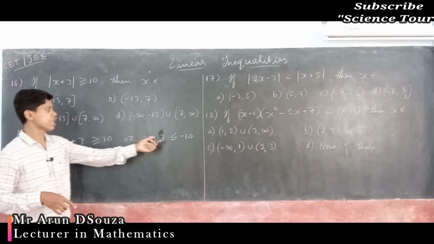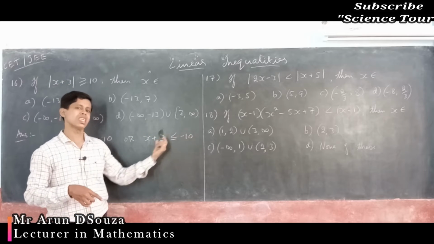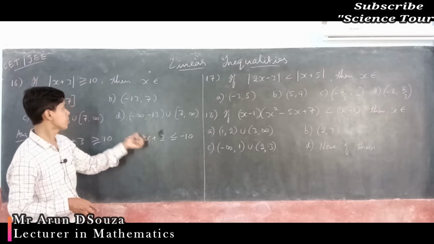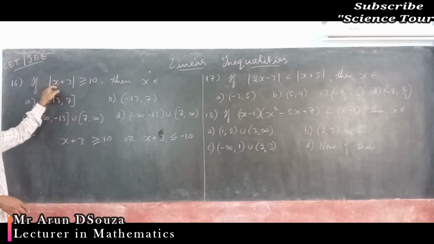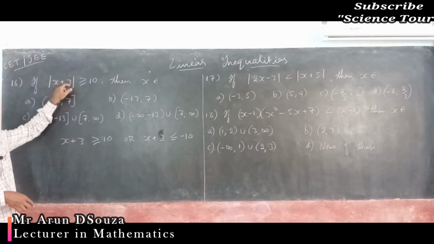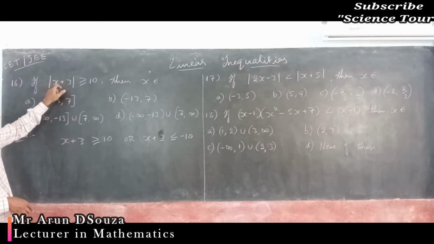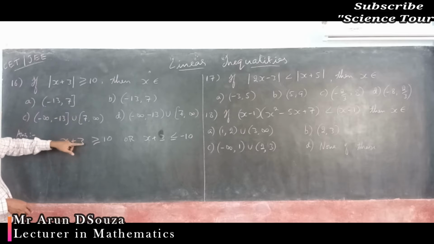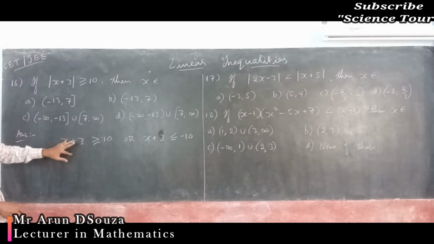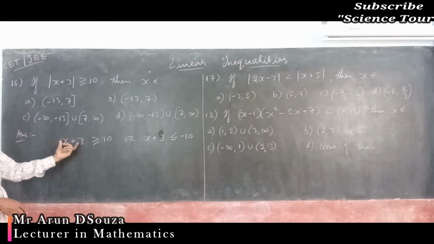Imagine you take any value less than minus 10, minus 11, minus 12. If you put minus 12, plus 3 is minus 9 and modulus of minus 9 is 9. So that must be greater than or equal to 10, the total quantity.